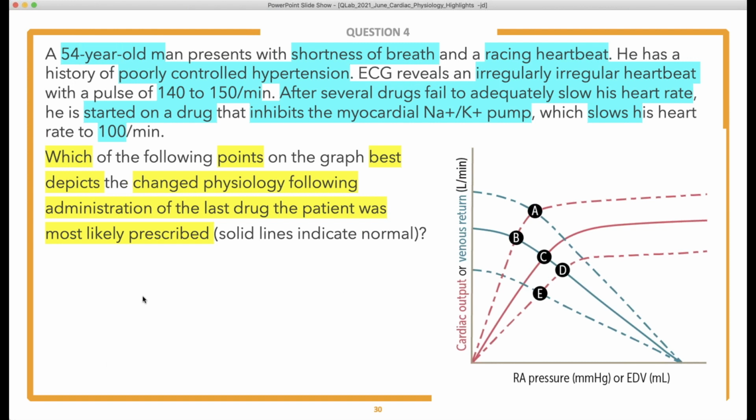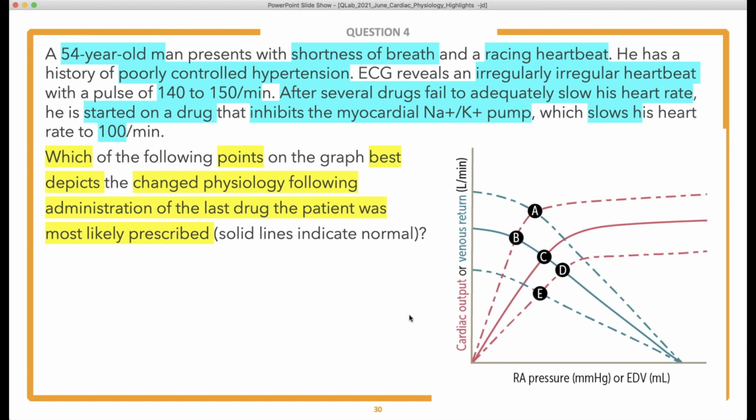So we need to figure out a few things here. How many steps is this question? 1, I think we need to figure out what is this drug that they're talking about based on the mechanism. And 2, what is the change in cardiac physiology that results from giving that drug? And then 3, what does that correspond to on that graph? So I think at least 3 steps here, okay?